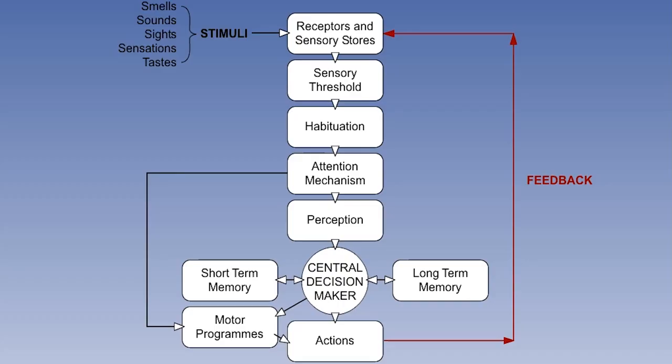The effect of this action will then feed back as a stimulus, and the process continues until the required response to the original stimulus has been made. By using this model, it is possible to identify where any error has occurred. For example, the long-term memory may have suggested the incorrect Mayday radio frequency.